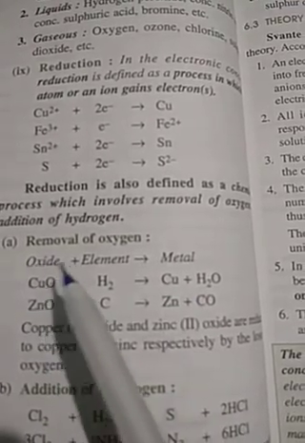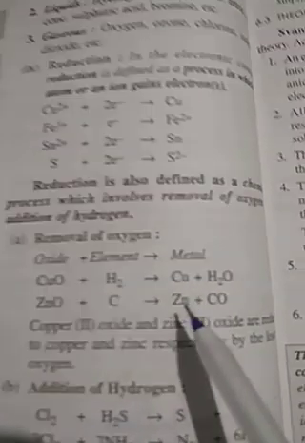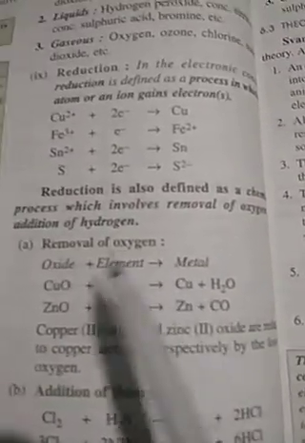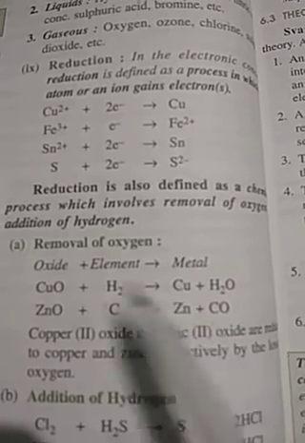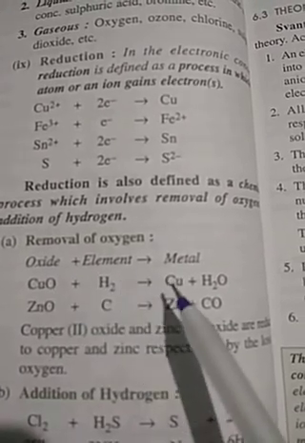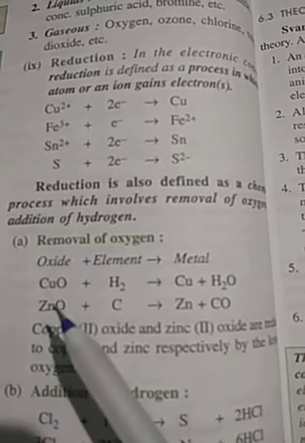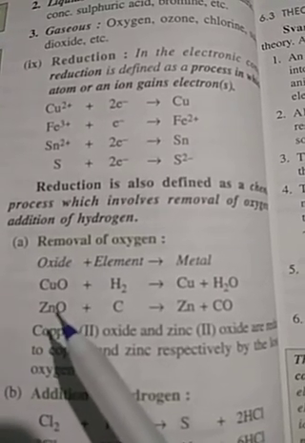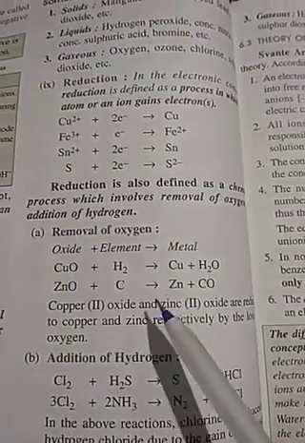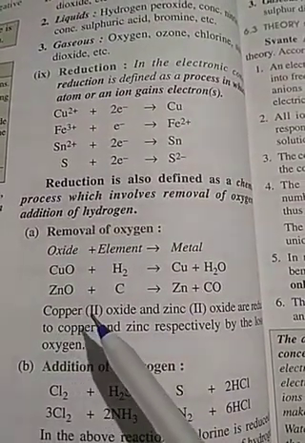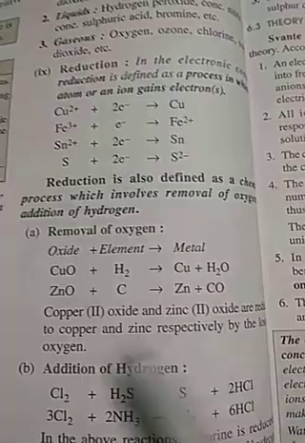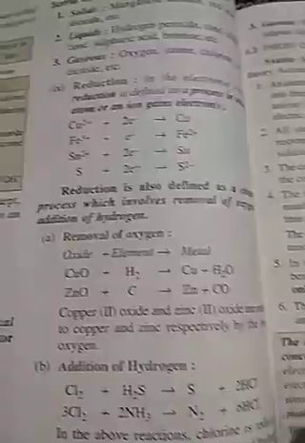So from this copper oxide, oxygen is removed and it forms copper. This copper oxide is reduced to copper. Similarly, zinc oxide after removal of oxygen is reduced to zinc. Here copper oxide and zinc oxide are reduced to copper and zinc.